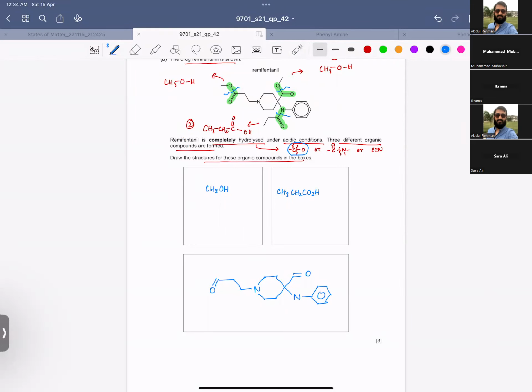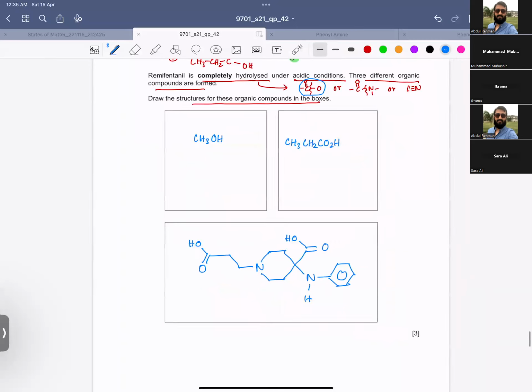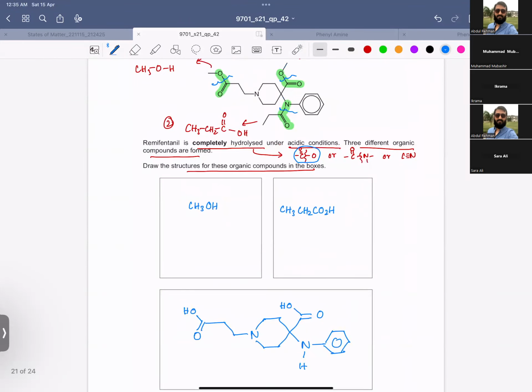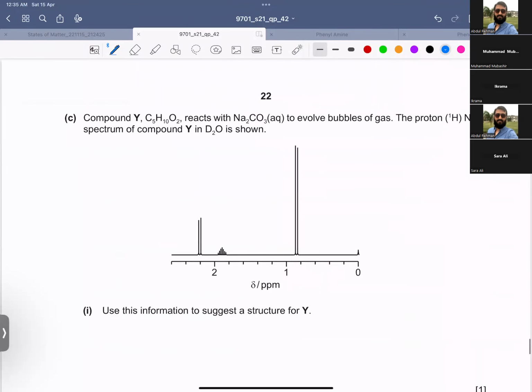Okay. So see, from here the bond is broken, so here I've got OH. Here the bond is broken, I have got OH. Here the bond is broken, I would get H. So that is the structure. Is this clear? Yes. Now. Okay.